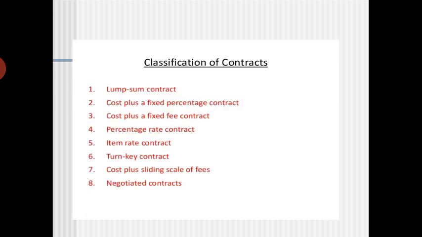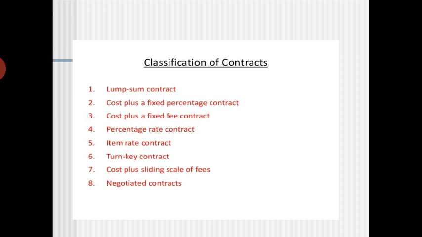So then the classification of the contracts. Many types of contracts are there. The first one is lump sum contract, cost plus a fixed percentage contract, cost plus a fixed fee contract, percentage rate contract, item rate contract, turnkey contract, cost plus sliding scale of fees, negotiable or negotiated contracts.